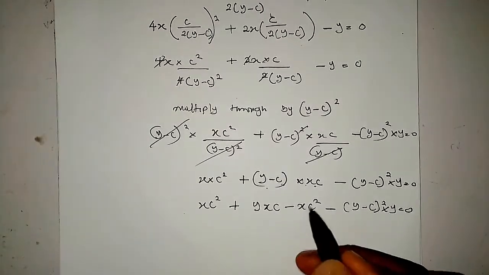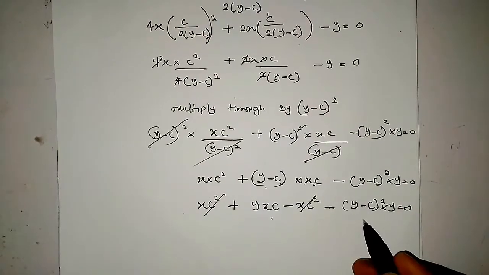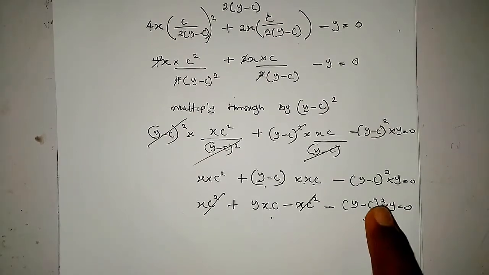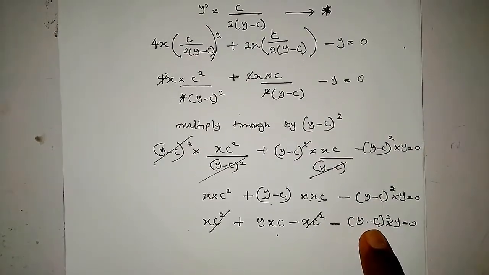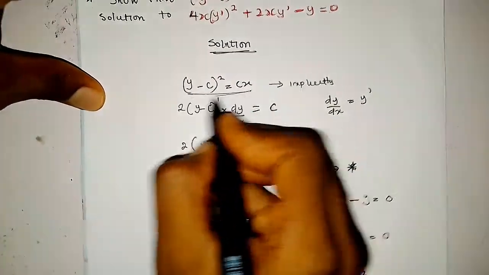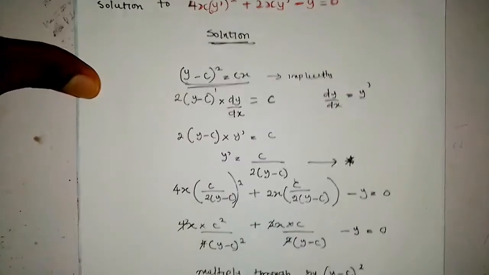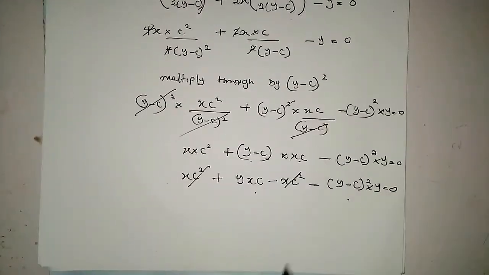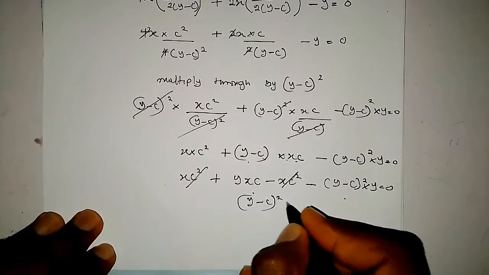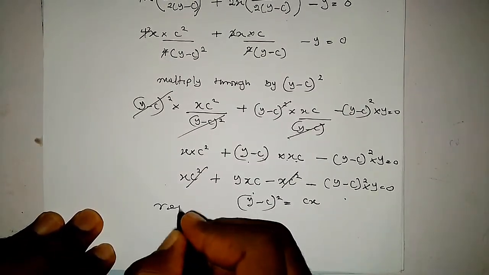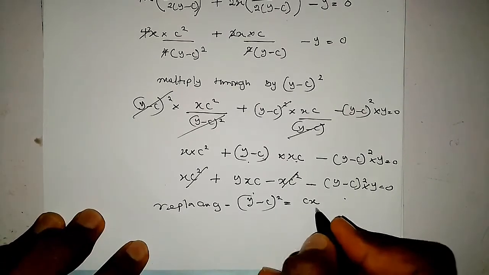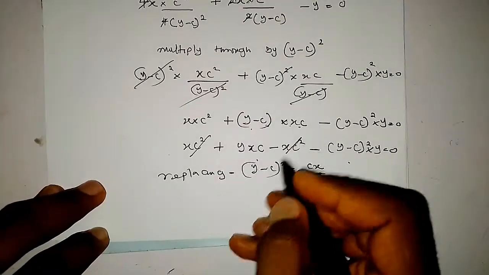So we see that this cancels out this, but this can't cancel out anything here. So since (y − c)² is given to us as cx, replacing (y − c)² with cx, we have, then this has already cancelled out.